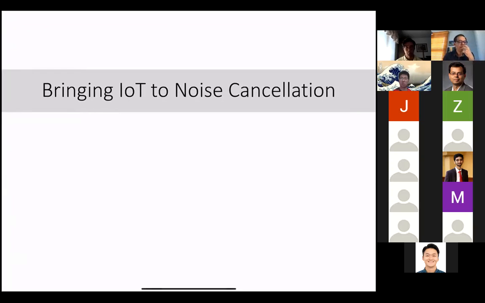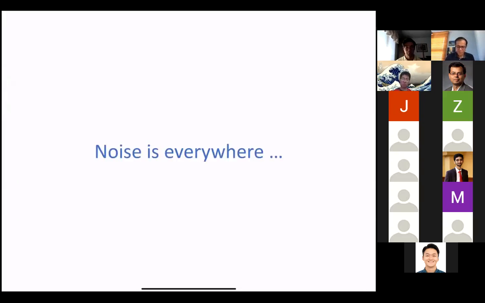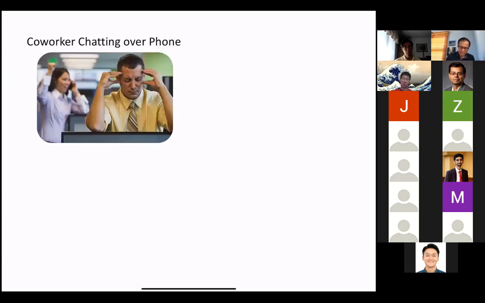Okay, so now we are kind of back into mobile computing. We were doing a bit of math, but we are now back into mobile computing, and we'll see if we bring IoT to ANC, are there interesting things we can do? Okay, let's get started. So noise is everywhere. This is why the noise cancellation industry is so liked, right?